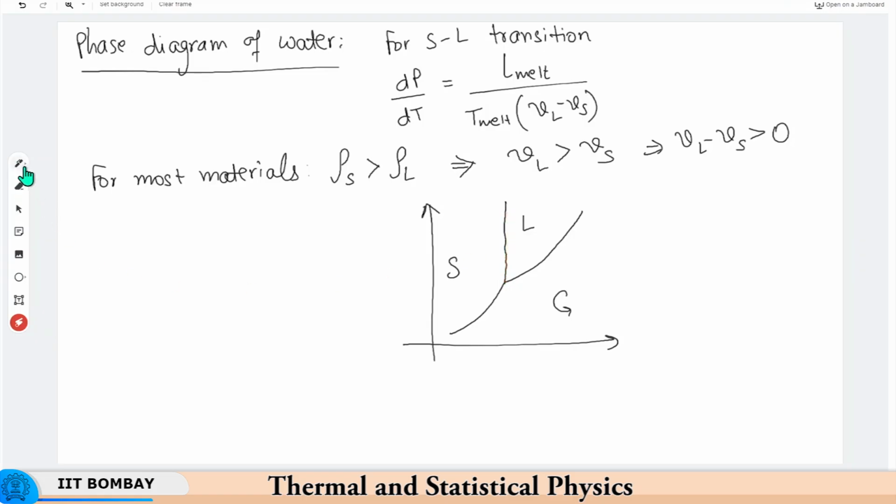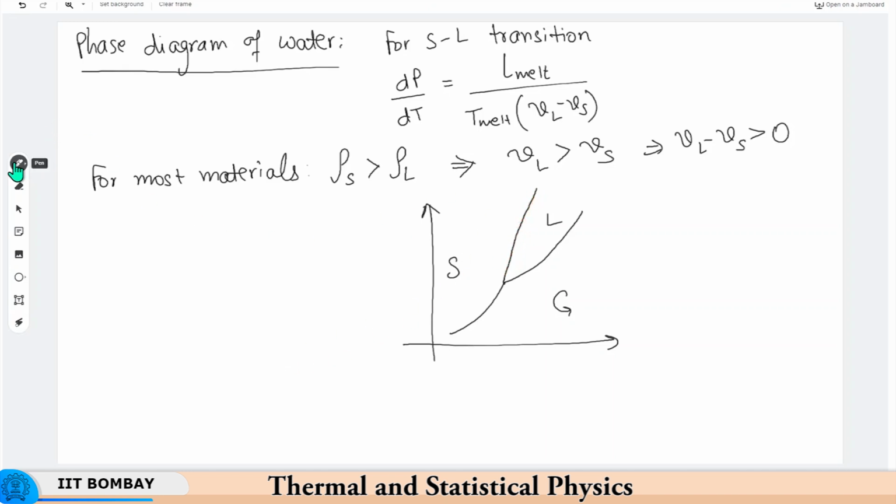Maybe I can be a little more explicit about it and draw it more clearly. So this slope is positive, the slope of the line separating solid and liquid is a positive slope.